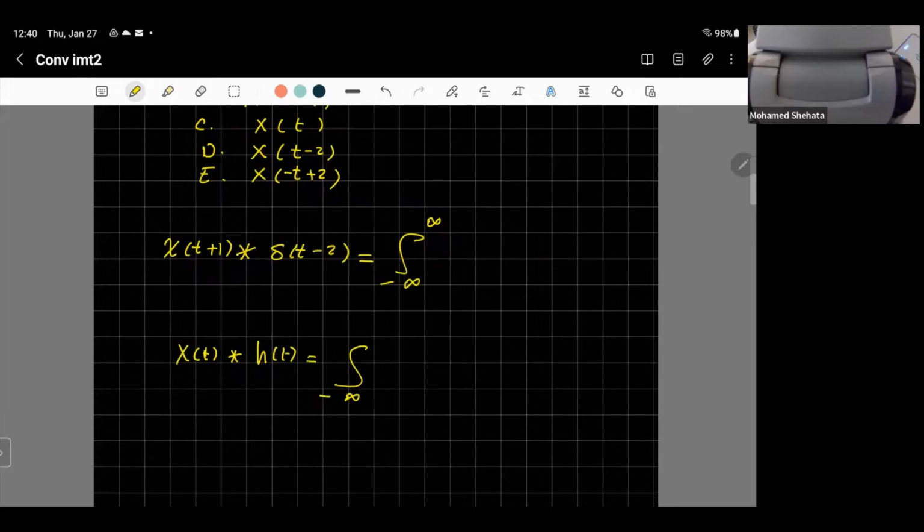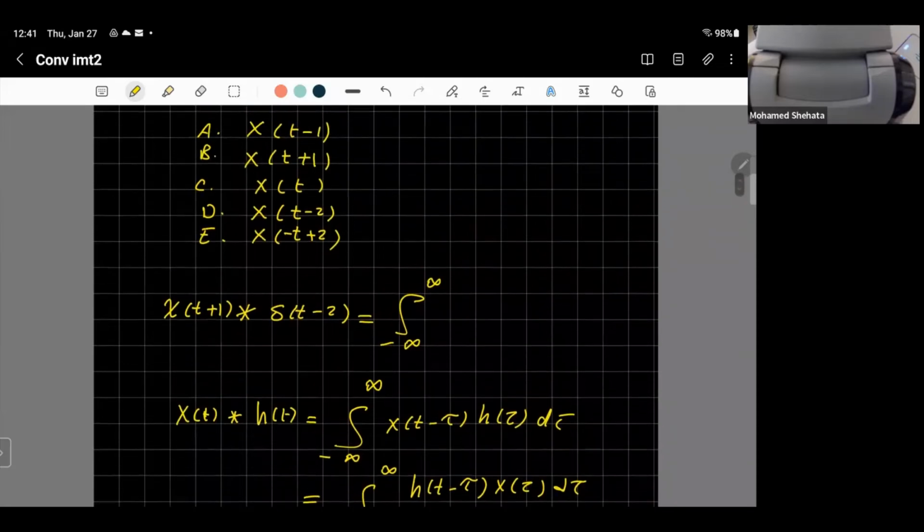It's either the integral from negative infinity to infinity of x(t - tau) times h(tau) d tau, or h(t - tau) times x(tau). Both are right, but it depends on the problem that you have to make the right choice.